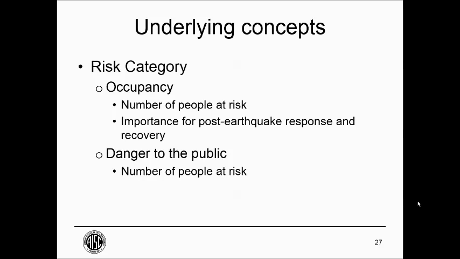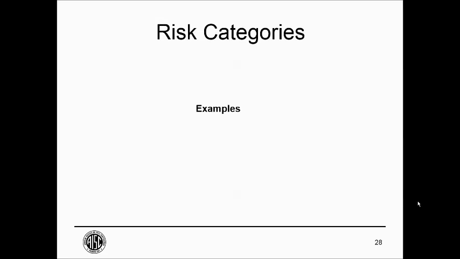So a hazardous facility might put a lot of people at risk even though the actual occupancy of that facility is relatively low. And so the risk category is reflected in importance factors, higher importance factor for higher risk categories, and drift limits, lower drift limits for higher risk categories. Again, reducing the damage that we might expect for the higher risk category structure. So there are 4 risk categories.